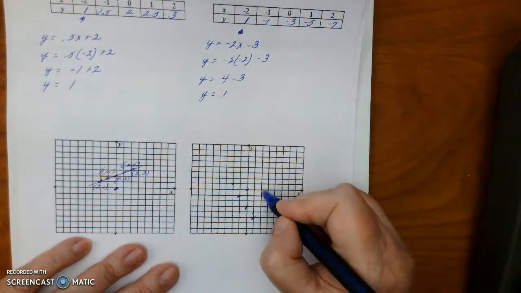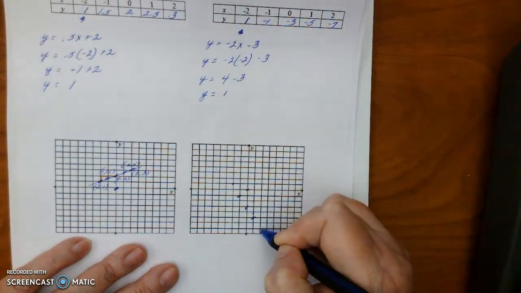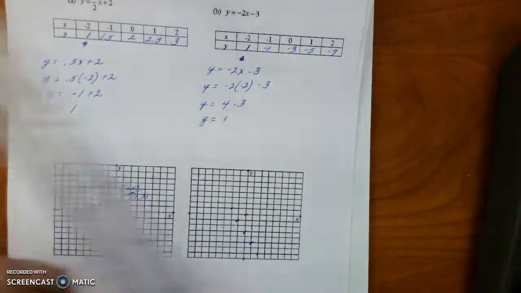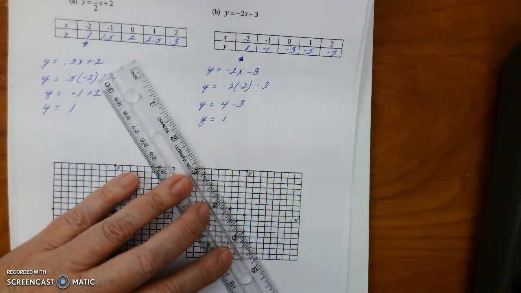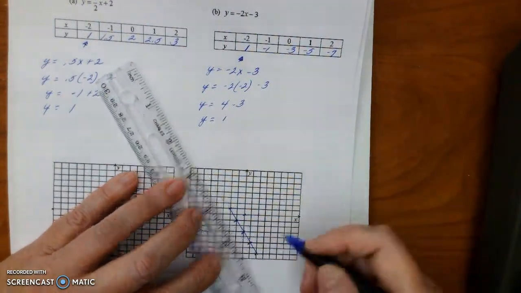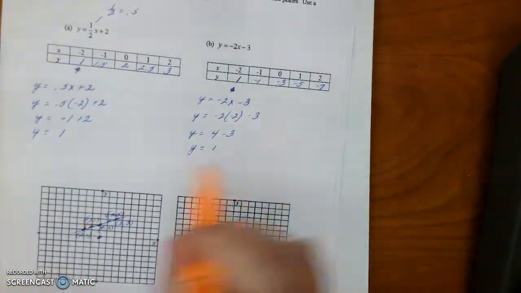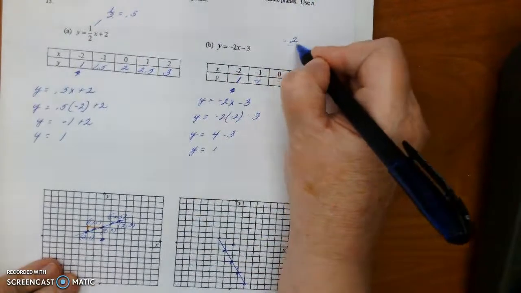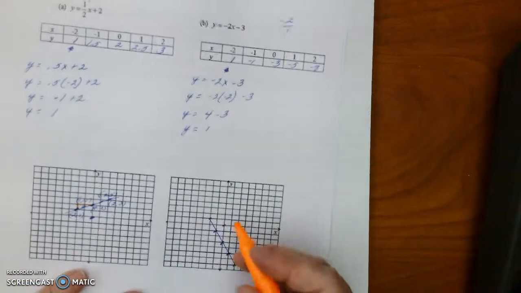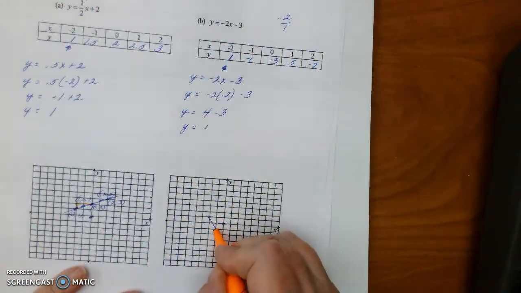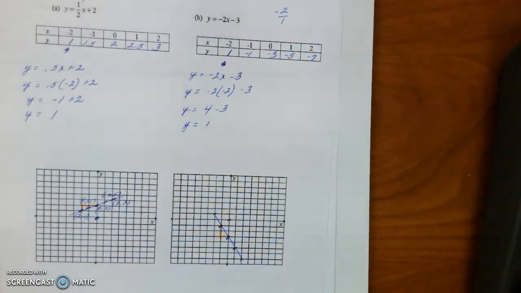And then we're going to do 2 over 2 from 0. 1, 2, 3, 4, 5, 6, 7. And we're going to connect the points. And the slope here is -2 over 1. Because remember, if you have a number, it's always over 1. So if we go down 2 and we go over 1, we can check our work, which we did. Awesome.